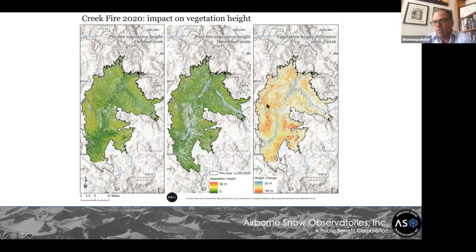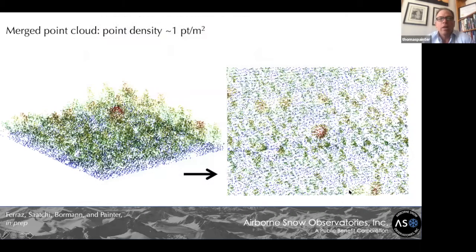And then this is the vegetation height differences, and you can see the most intense forest burning there. So these data are going to be available pretty soon, and we've already done the delivery to DWR.